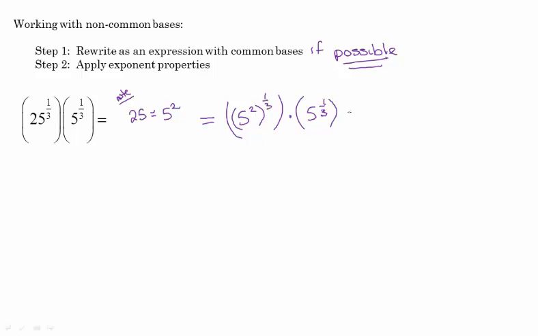So 5 squared to the 1/3 is 5 to the 2/3 times 5 to the 1/3. We'll add those together and we'll get 5 to the 3/3, which will be 5 to the 1, which is 5. So I was able to turn this problem into a problem with common bases because the 25 was equivalent to 5 squared.